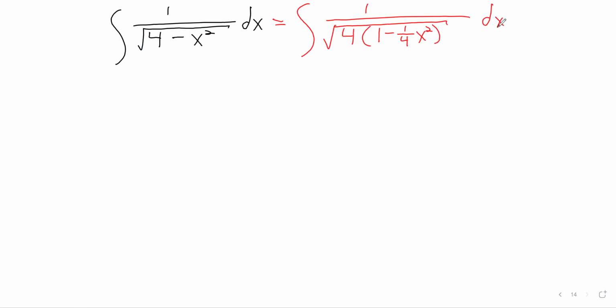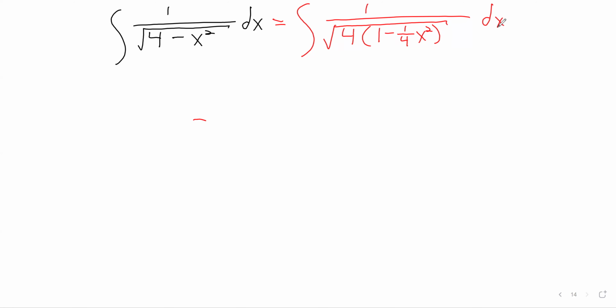So you've turned the 4 into a 1, but you've also turned the x squared into something else. But that's okay, as we're about to see.